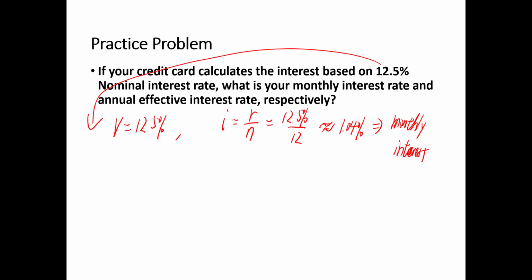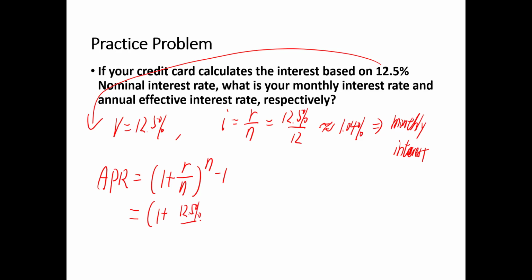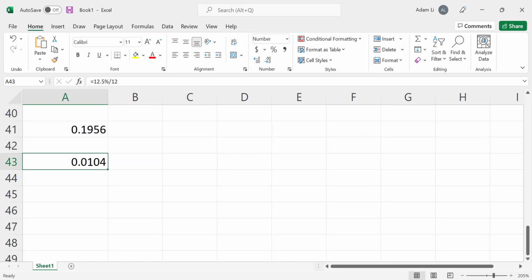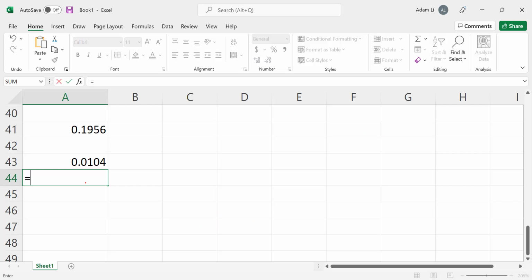Now the APR, the effective interest rate, is equal to 1 plus R over n, to the n power, minus 1. So it should be 1 plus 12.5% over 12, to the 12th power, minus 1. Let's put it into Excel and get a result.